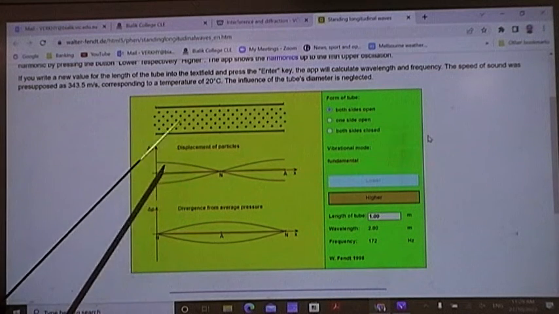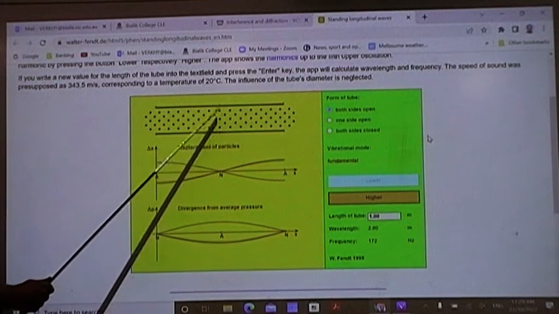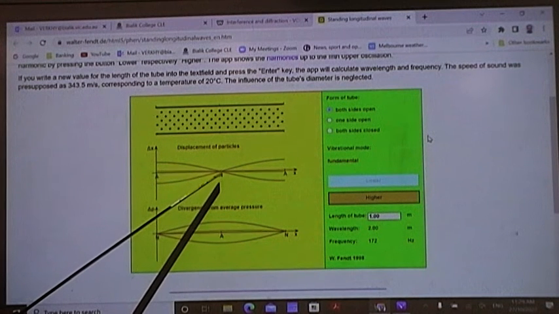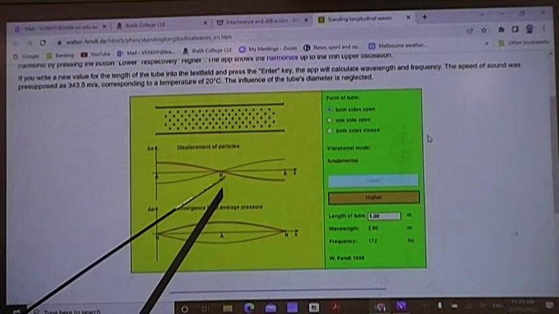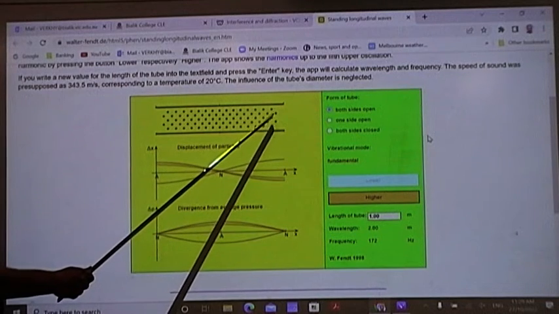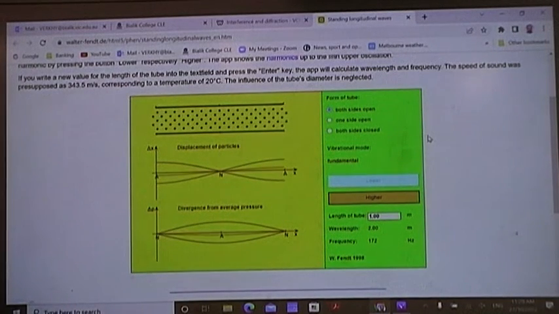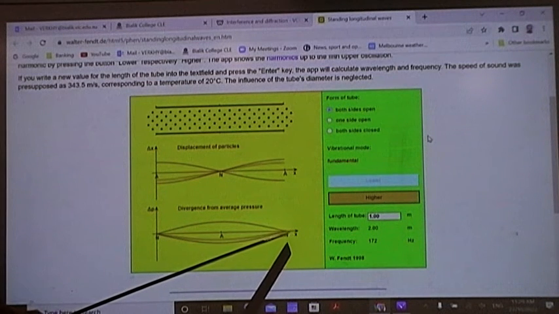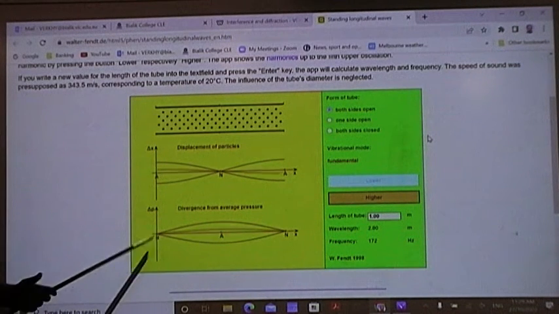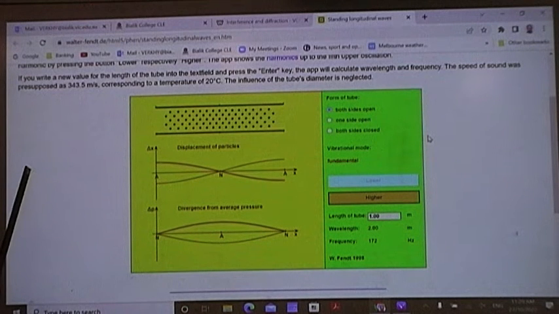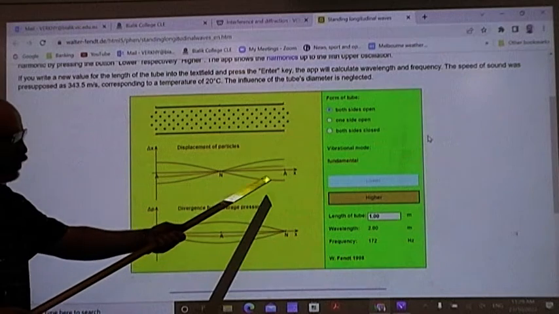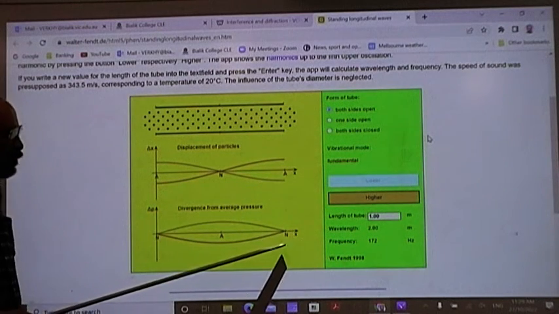As you can see, in the middle the particles are not moving. There is a node of the oscillation of the particles. Most of the motion of the particles happens at the open ends. But the air pressure is equal there, so there is zero difference between the pressure at the open end of the pipe and atmosphere pressure.